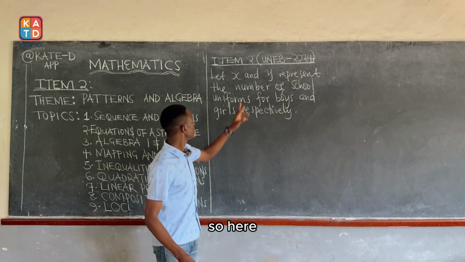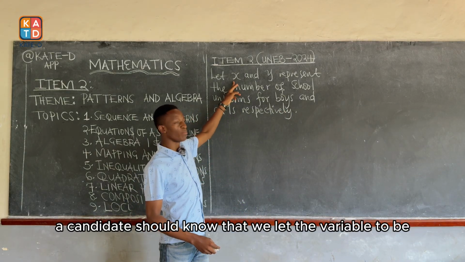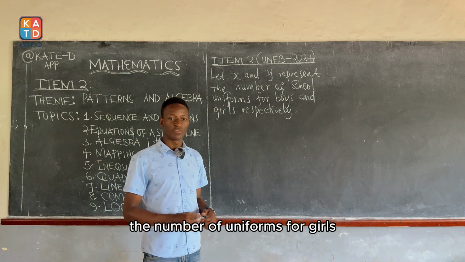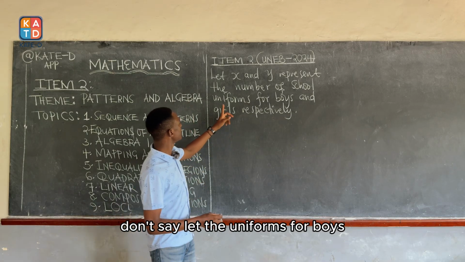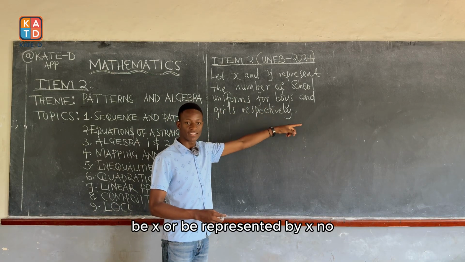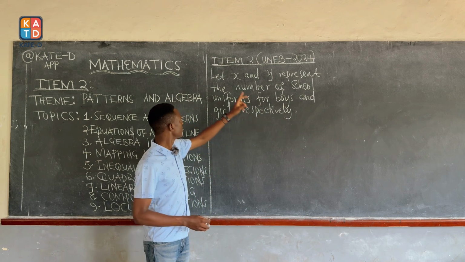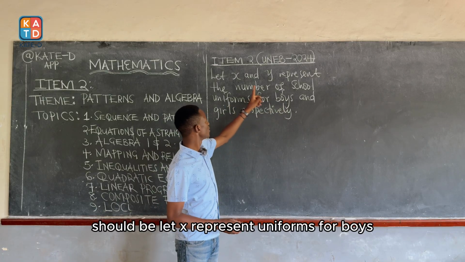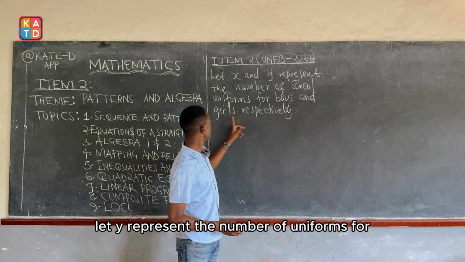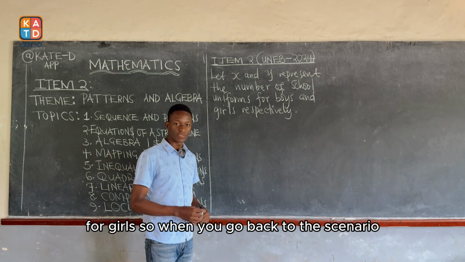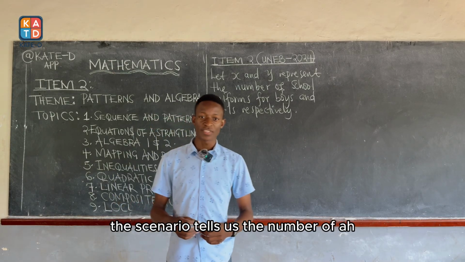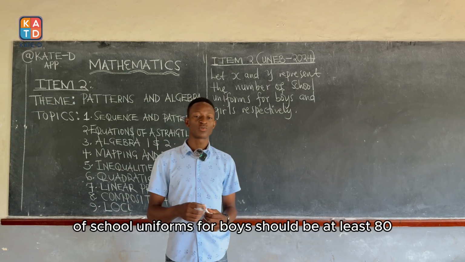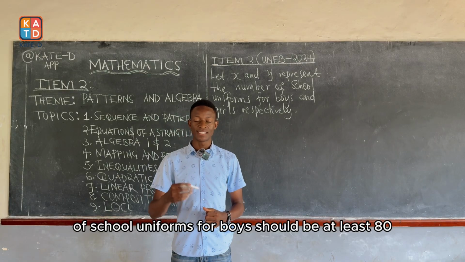Here, a candidate should know that we let the variable be what we need to find, the number of uniforms. Don't say, let the uniforms for boys be x. No. It should be, let x represent the number of uniforms for boys, let y represent the number of uniforms for girls. So when you go back to the scenario, it tells us the number of school uniforms for boys should be at least 80.